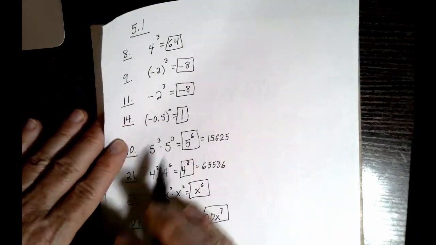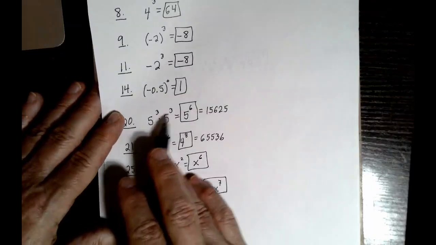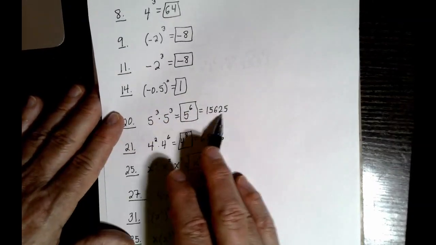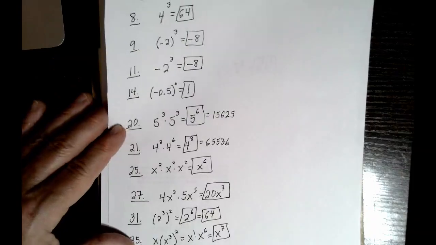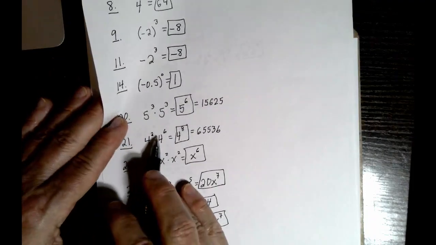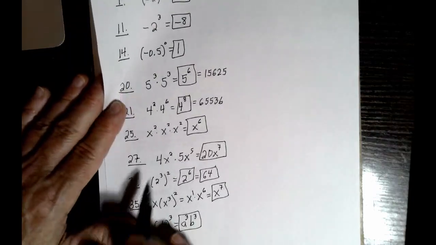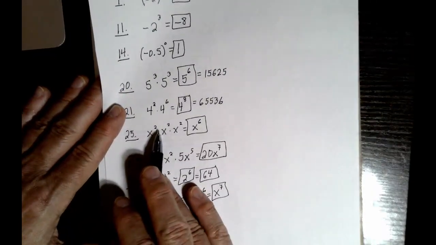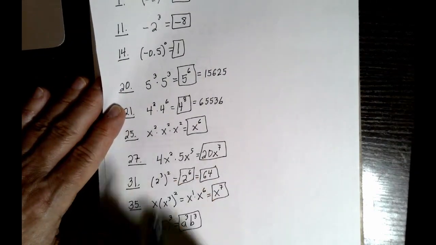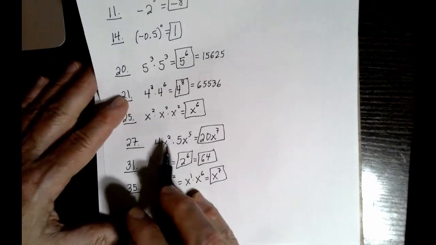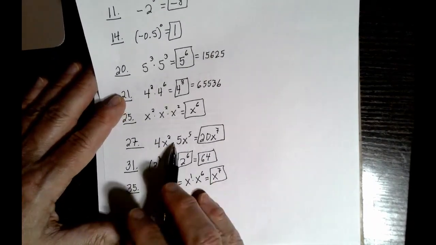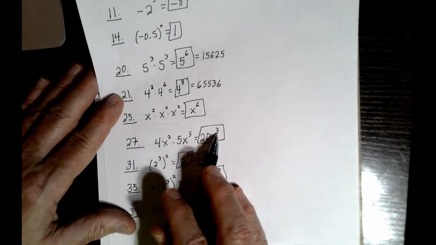Anything to the 0th power equals 1. And you're going to add these 3's to give you 5 to the 6th, or 15,625. And this one you're going to add the 2 and the 6 to give you 8, or 65,536. And here this is just x to the 2nd, 3 times over, so it's really x to the 6th. 4 times 5 is 20, and 2 plus 5 is 7.